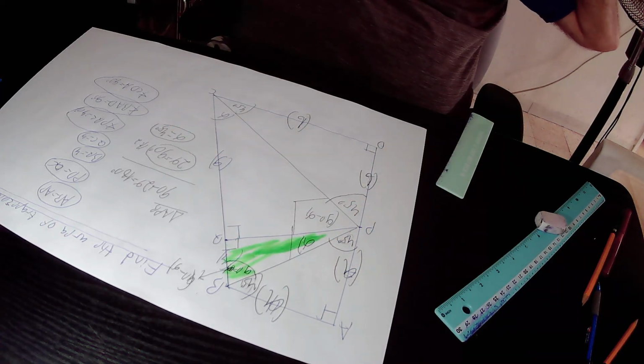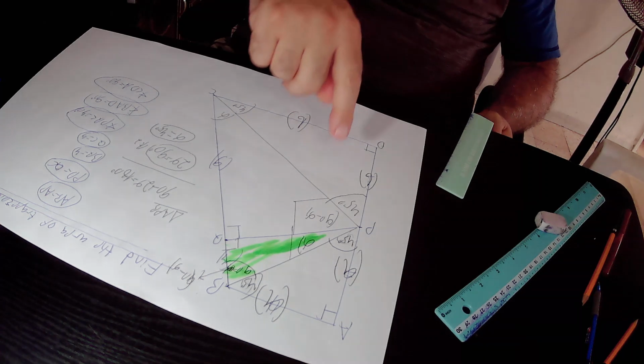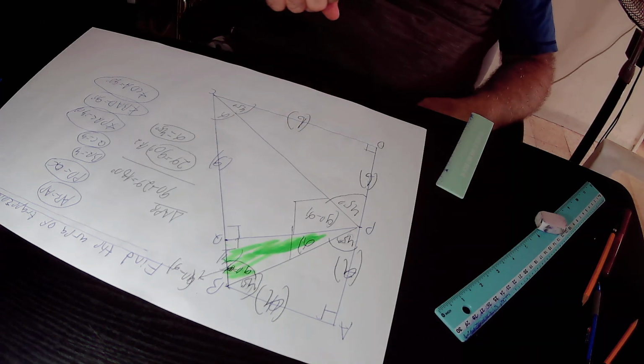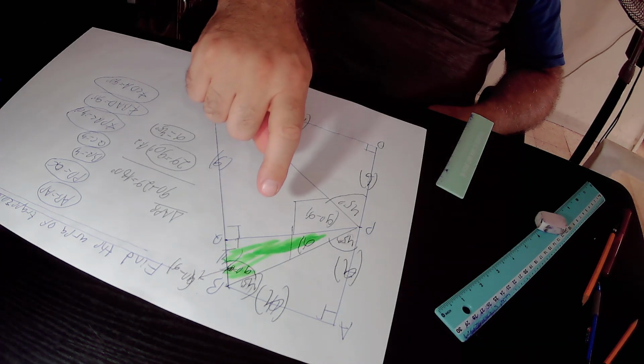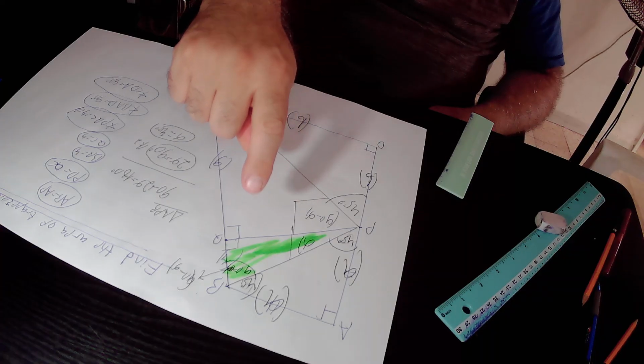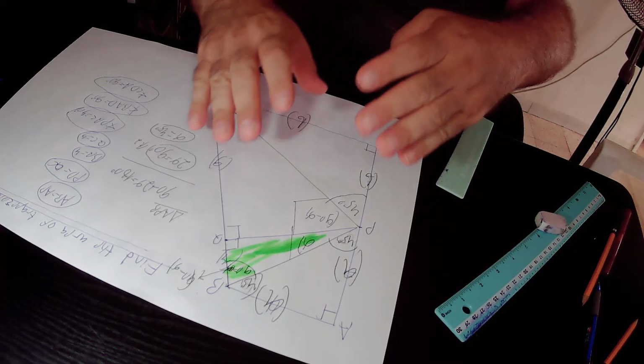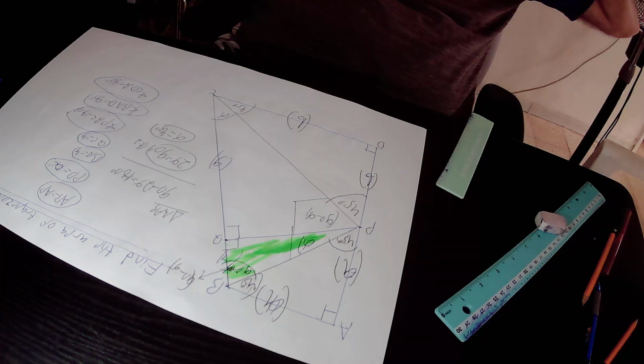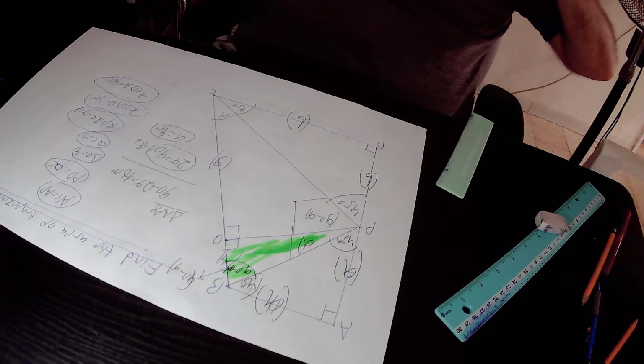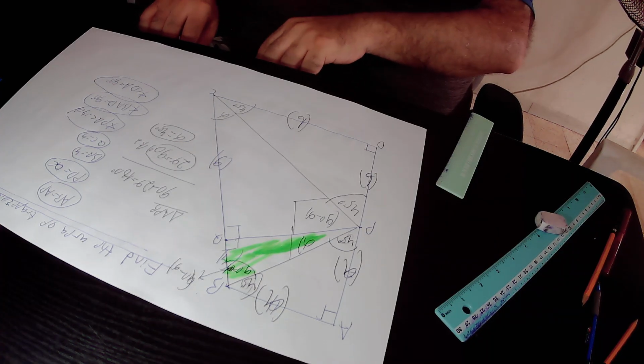So we prove that all the angles of the big right triangle PQC are correspondingly equal to all the angles of this small green right triangle PBQ. And therefore, those two right triangles are similar to each other according to the angle similarity rule. So I write it down.